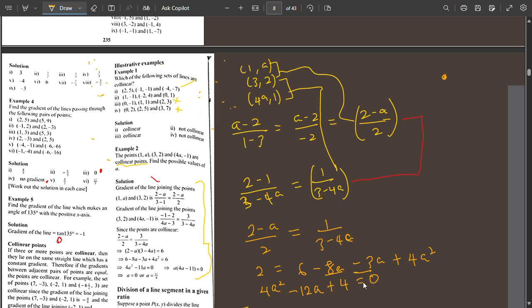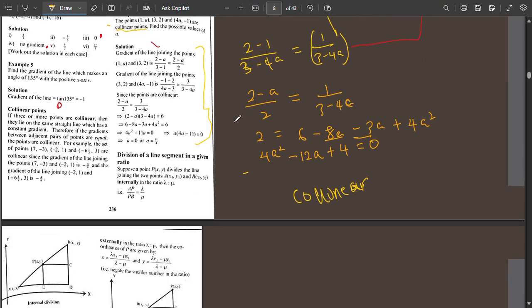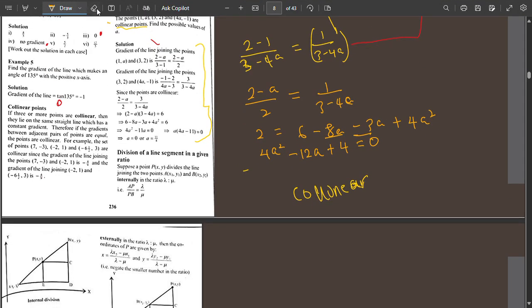We can divide through by 4, and we get a more simplified form of the quadratic equation. So we have a squared minus 3a plus 1 equals 0. We solve this quadratic equation and we can find a.